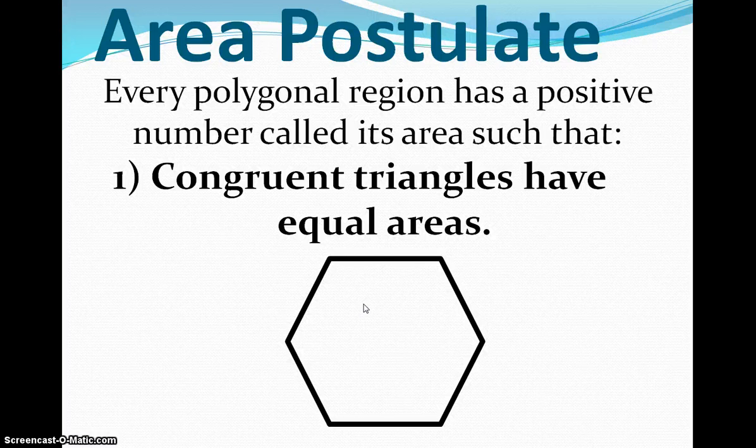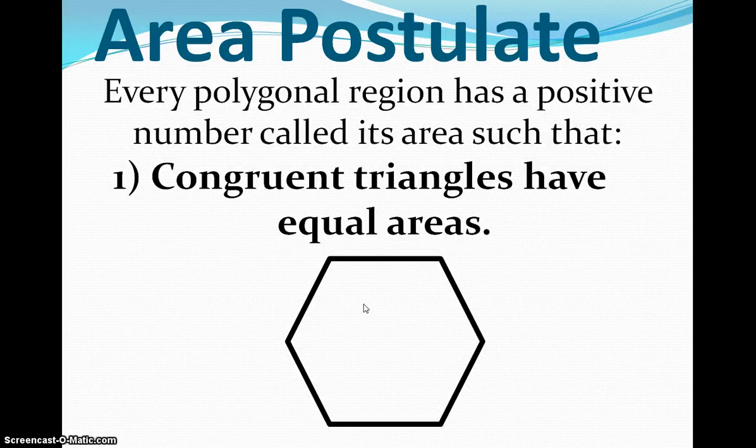Just because we're starting to move into higher level polygons with quadrilaterals and everything else, we're still going to be going off our basis with triangles. So yes, as we've joked around in class, we are going to be continuing to use our triangle proofs later on as we go through.